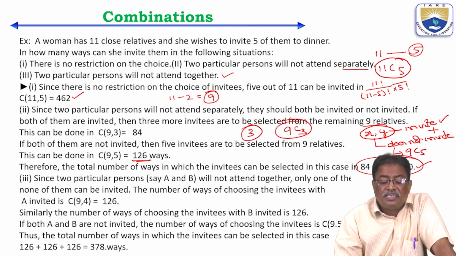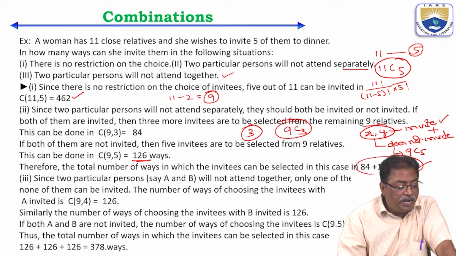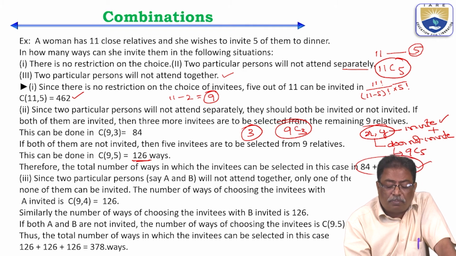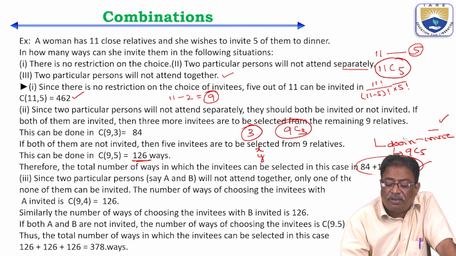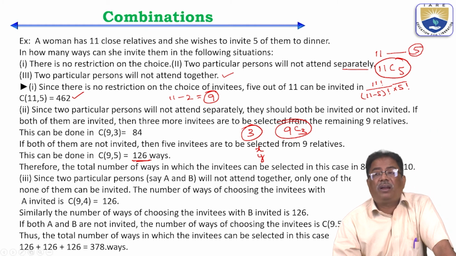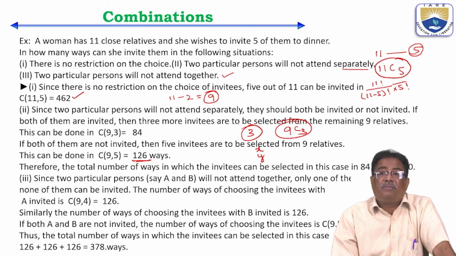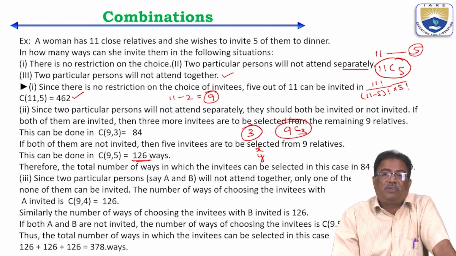Now this is the second problem. And now the third problem, if I consider 2 particular persons, X and Y. Whenever X comes to the party, Y will not come. And when Y comes to the party, X will not come.